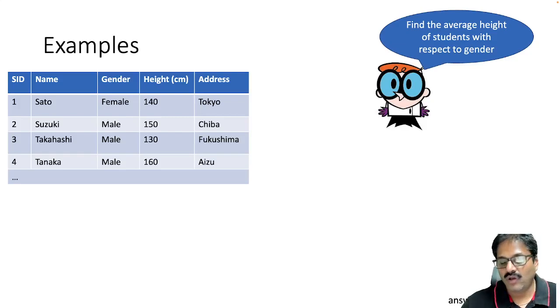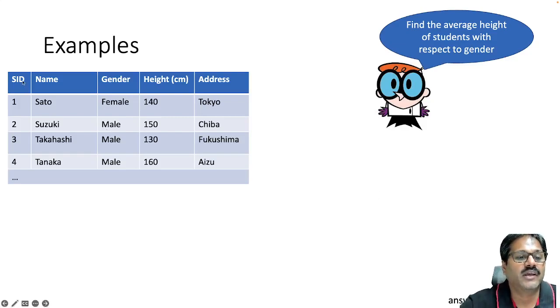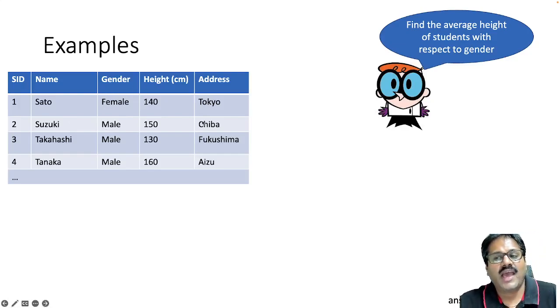Assume I have this data, the student details. Now I want to find the average height of the students based on their gender. So if the student is female, what is their average height?